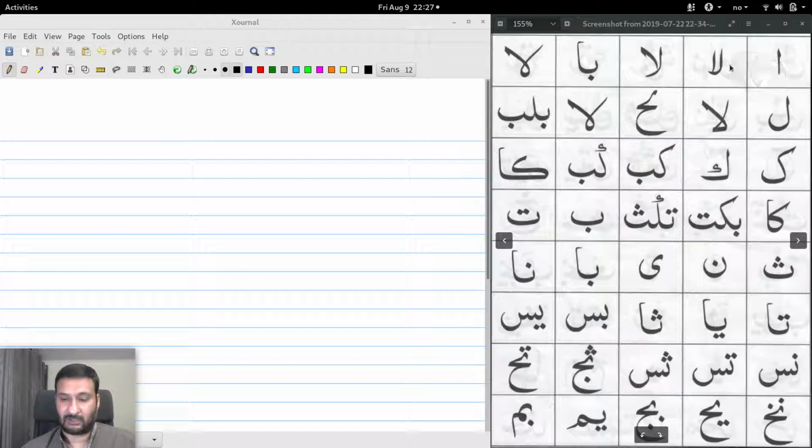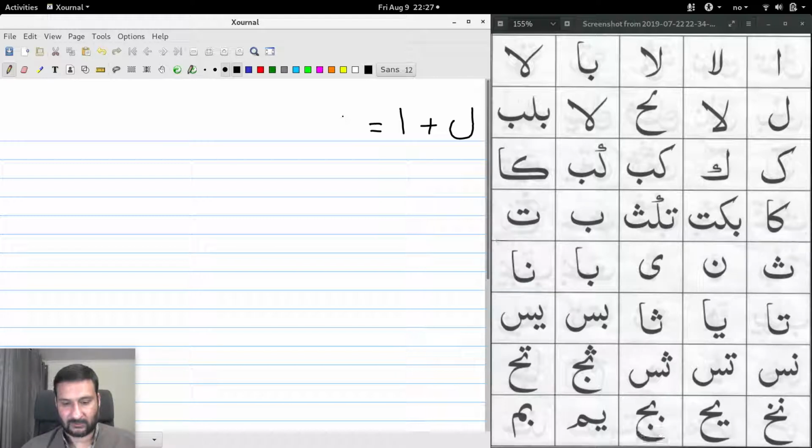So after Alif we come to Lam Alif. So I will show you how it looks like. I will try to write it like so: Lam plus Alif equals to, so you remember that it will look like some part of Lam like so, and then an Alif on top of it.